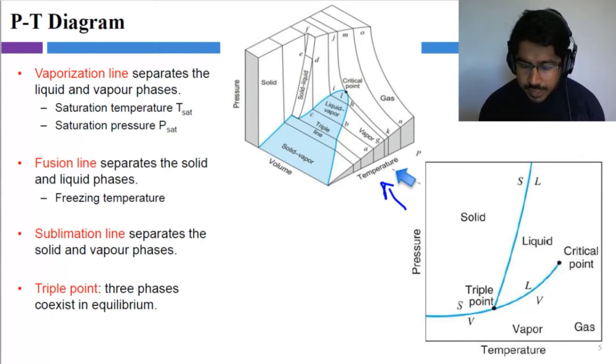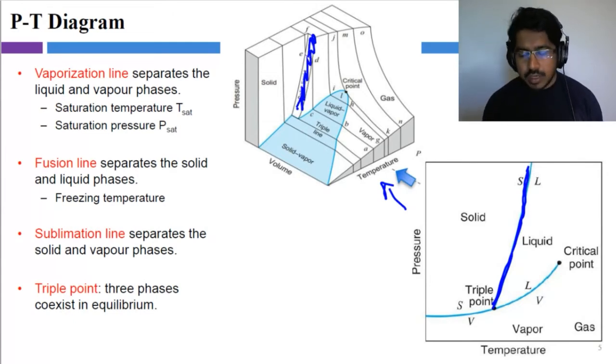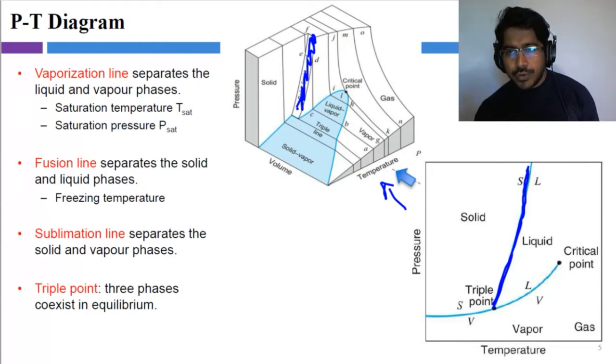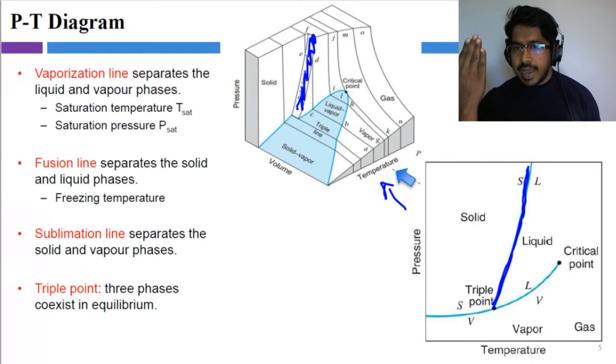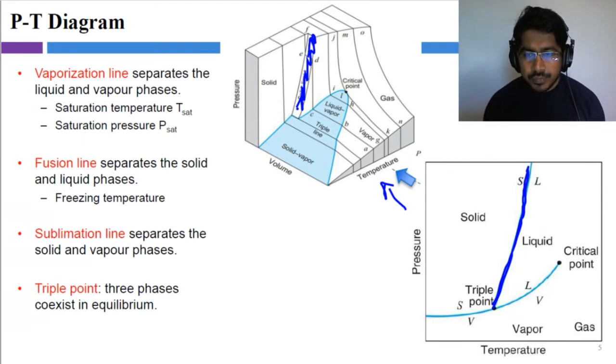When we observe the PT diagram, it separates the solids and liquid using one line. The line that I just marked in dark blue is this region. When we look from that angle, it's like this, my hand has a width, right? But when I look from this angle, it's like a line, right? So that's what we see here.